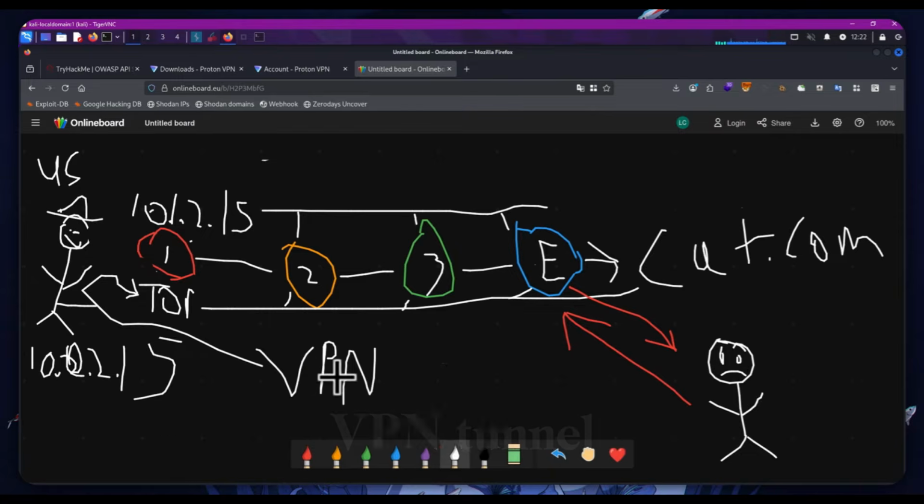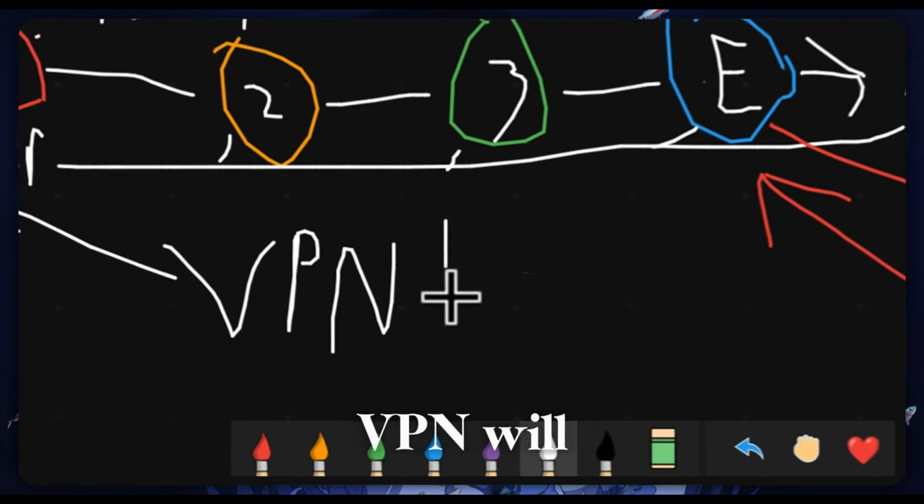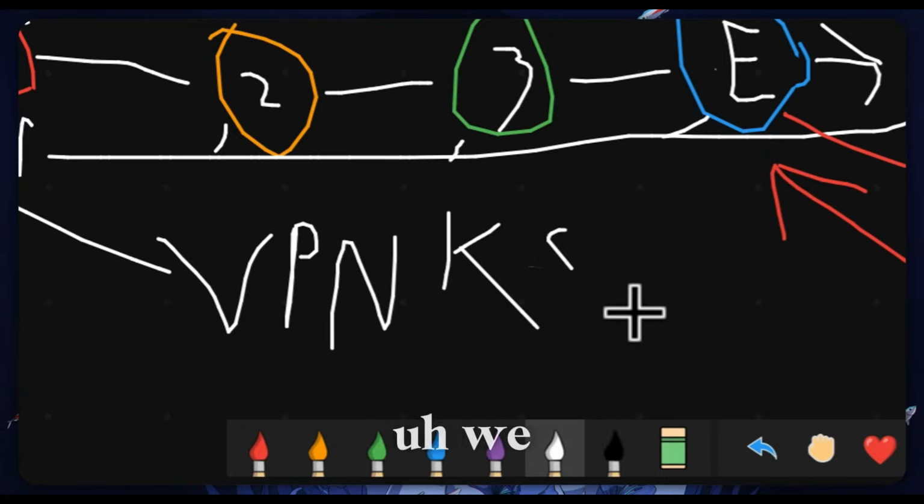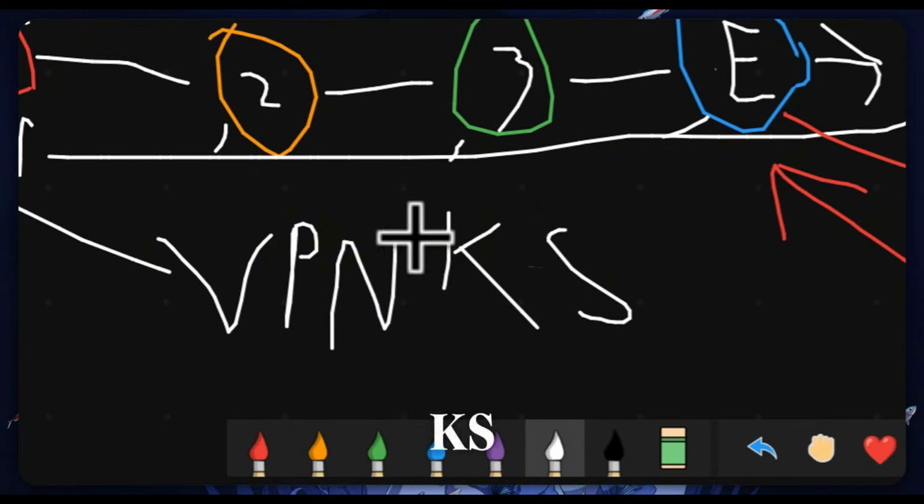So let's say the exit node of Tor is compromised. We're still in a VPN tunnel that's hiding our IP address on the off chance that we are using a compromised exit node, and our VPN will have a kill switch, which we will abbreviate with KS.